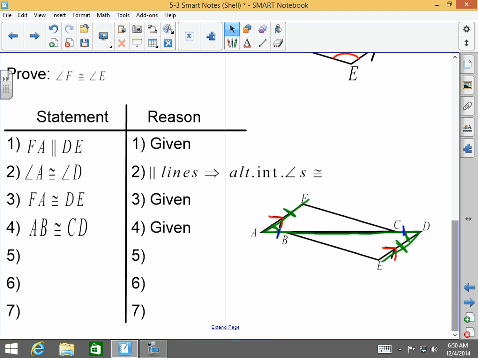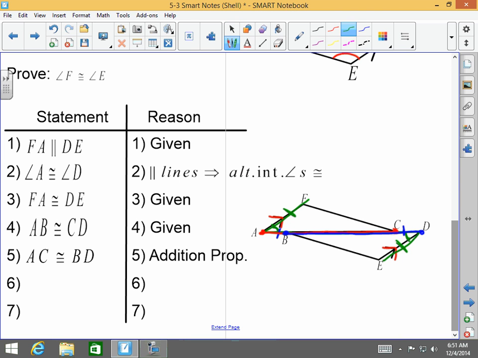That's also given. Now look at segment AD, okay? And look at AB and CD and BC. Hopefully you can see that AC will be congruent to BD. What am I saying? AC is congruent to BD. Why? Because of the addition property. Now some of you are going to say, wait a second, you skipped a step.